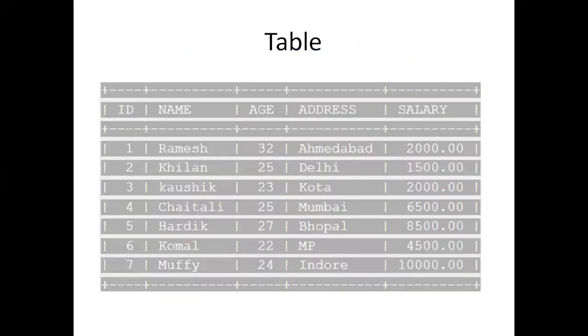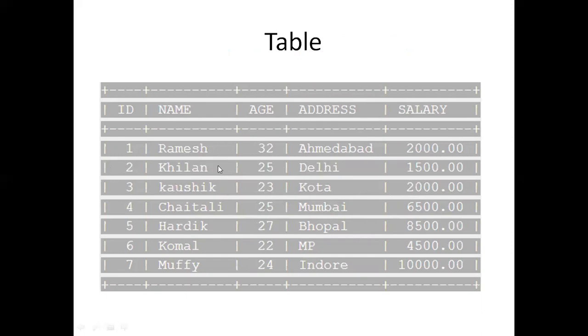Right? Suppose I have a table like this, I have some IDs, names, age, address and salary of employees. Suppose now I want to retrieve all the names of employees whose age is greater than 25 and also whose salary is greater than 2000.